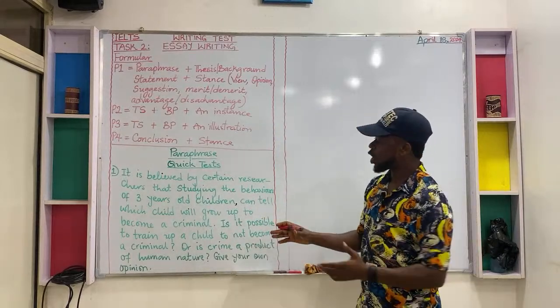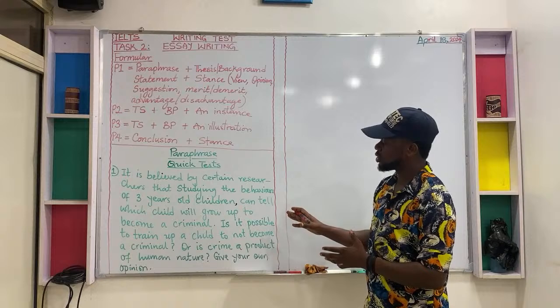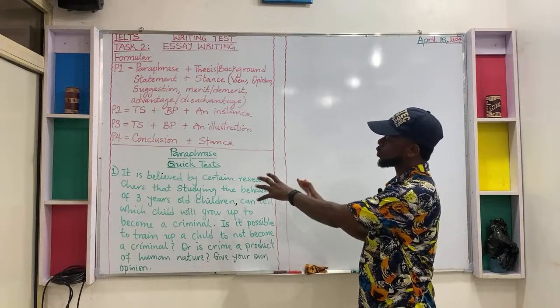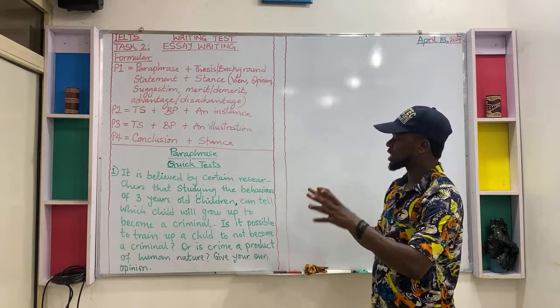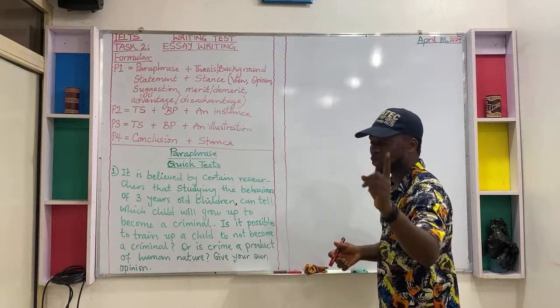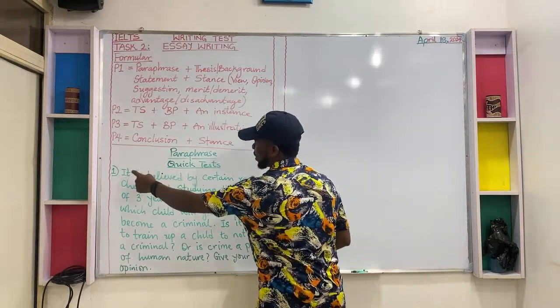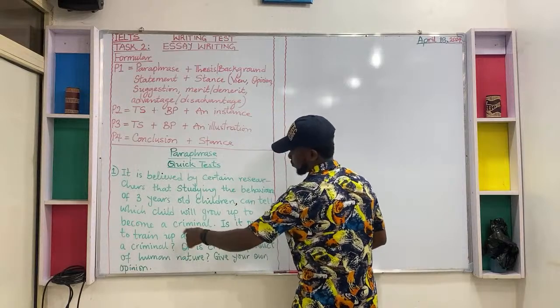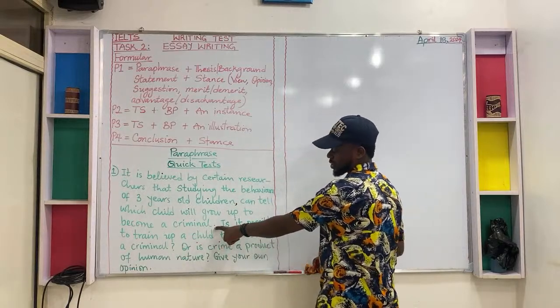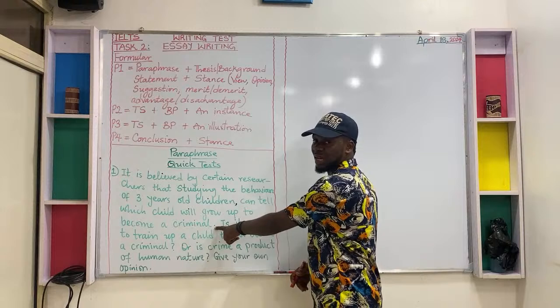Now, but what part of the question, or what part of what we have here on the board do you consider as a question that you should paraphrase? What you have to paraphrase should begin from here to this point. This is where the paraphrase ends.